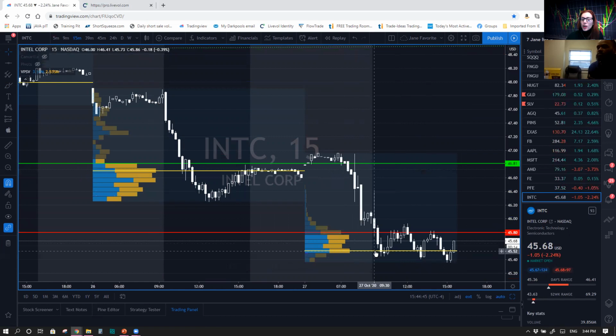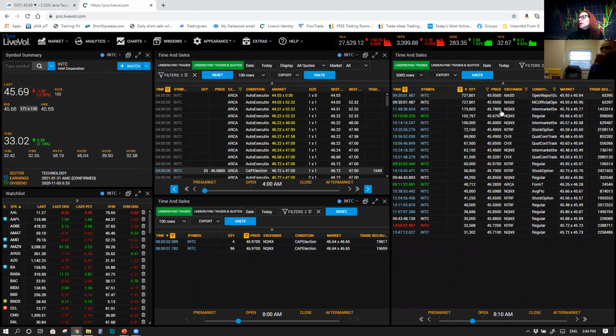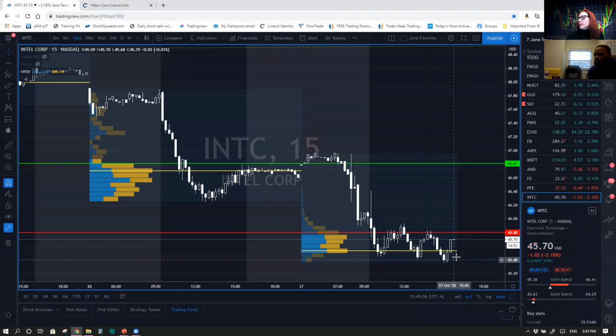So this is where the most volume was traded today. Potentially buyers that came in roughly at 45.50. See if we have any prints. 45.60. That's today. Intermarket sweep, 175,000 at 45.78. These are the opens. We don't pay attention to them.